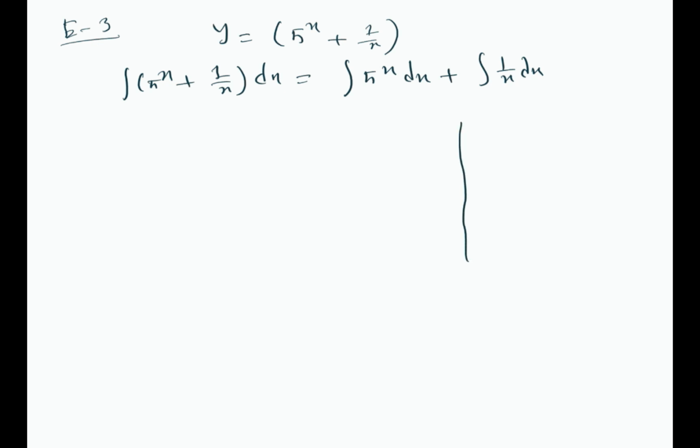Please check the formula sheet. You will find the integral of a to the power x dx is actually a to the power x over ln of a plus c. Okay, and the integral of 1 over x, we can rewrite it again, is x to the power negative 1, right? The same thing.